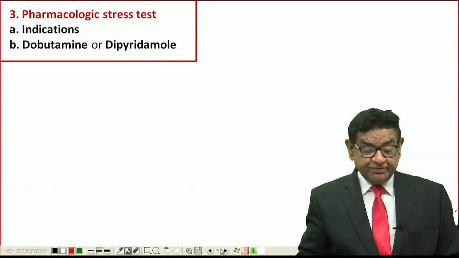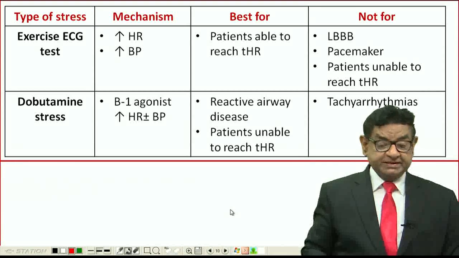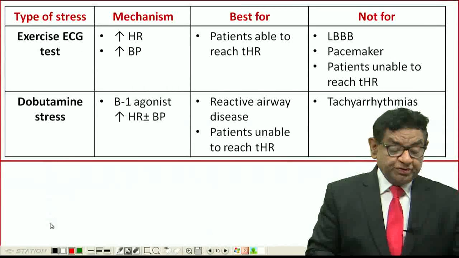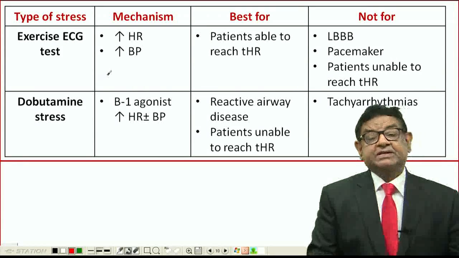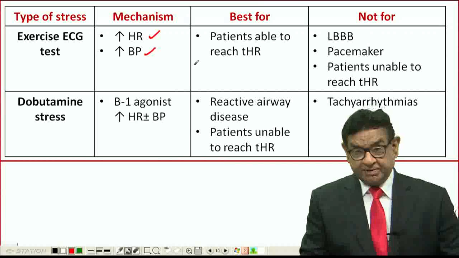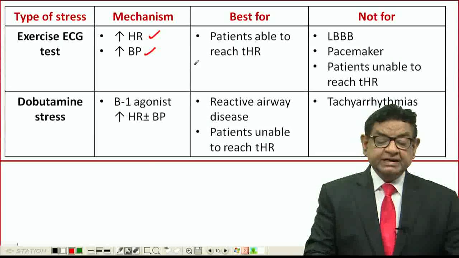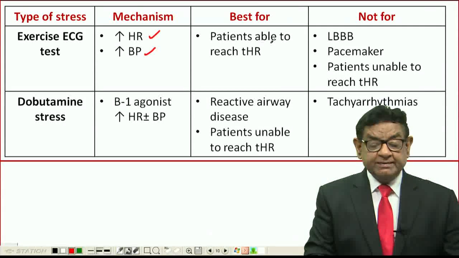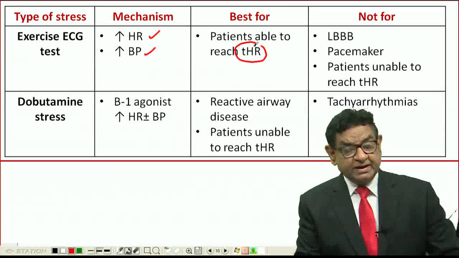Okay, so now we have different sets of TMT tests. First of all is the routine test: exercise ECG, the TMT machine I told you. It will increase heart rate, it increases blood pressure also. And this we do for those who are able to achieve target heart rate. THR stands for target heart rate.